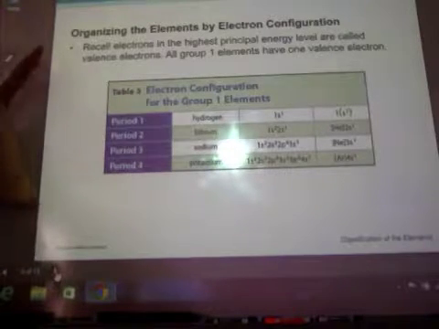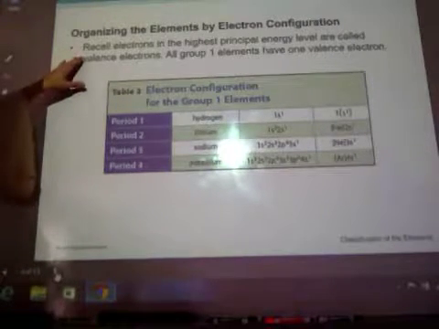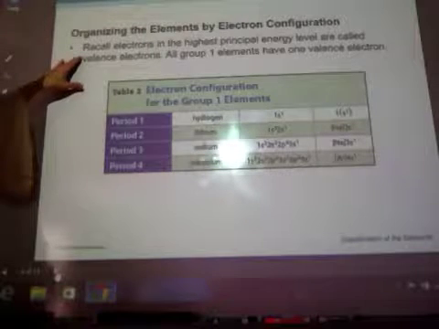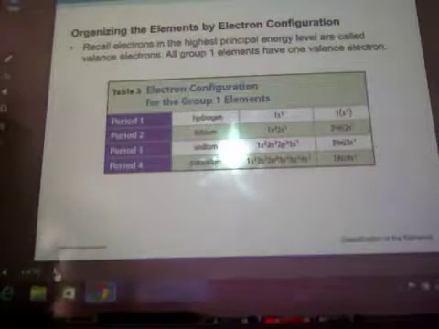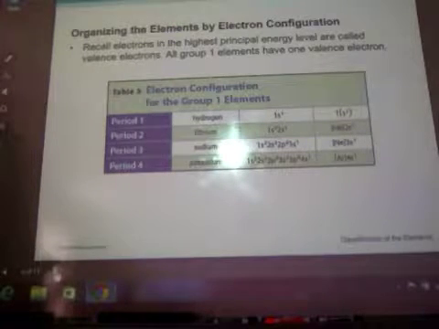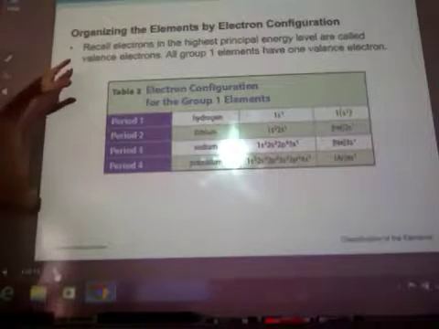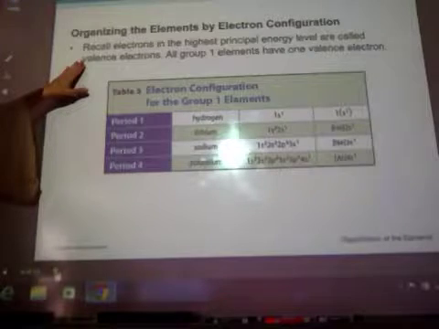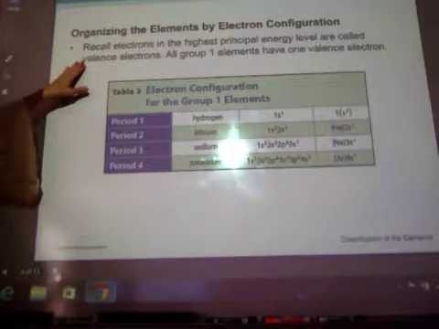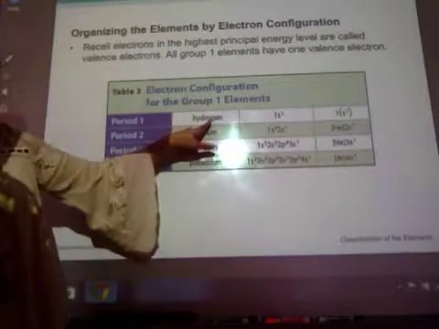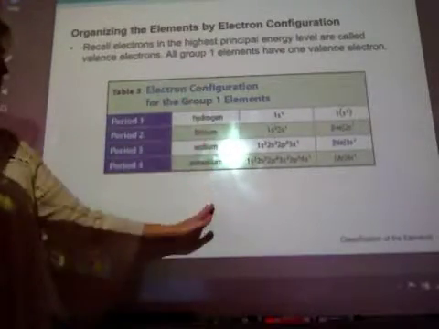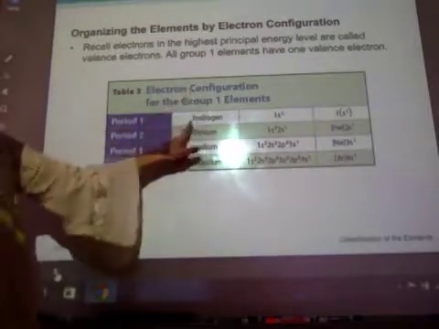Okay. So recall, electrons in the highest principal energy level are called valence electrons, also called outside electrons, outer electrons. Everything in group 1 or 1A has 1 valence electron. So if I look at hydrogen, which is in group 1, all of these are in group 1.